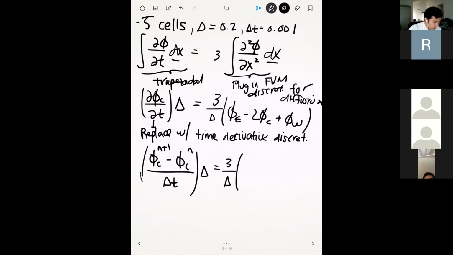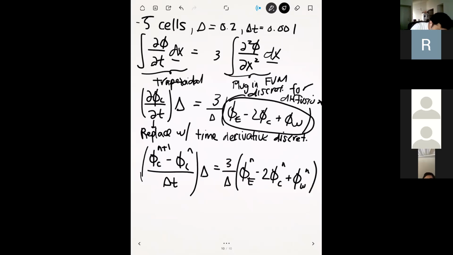Since we're doing an explicit method, we're going to evaluate all the phi terms on the right-hand side that come from diffusion at n. So this can be phi E at n minus 2 phi C at n plus phi W at n.